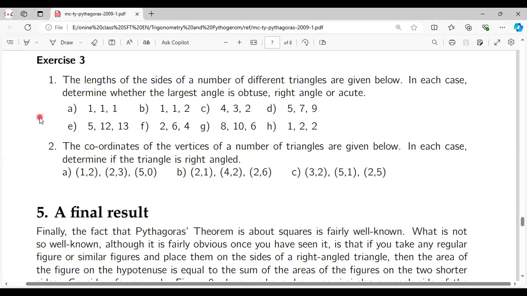And for example, you can try to do these questions.